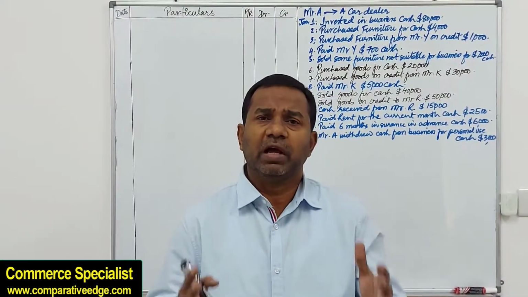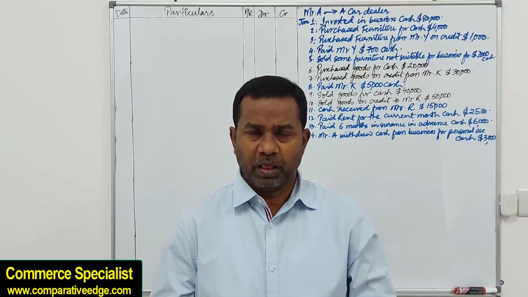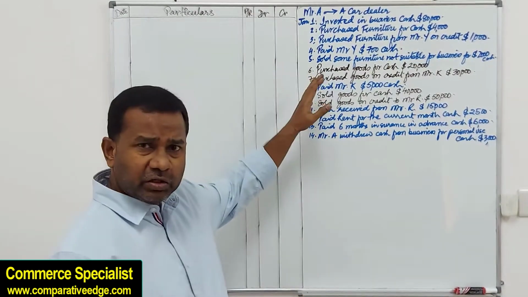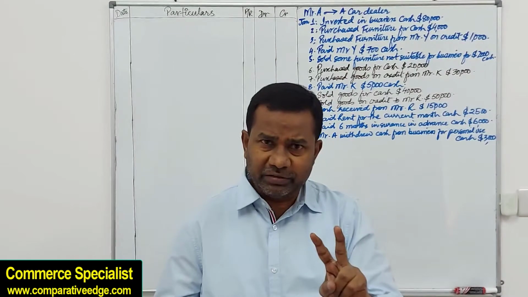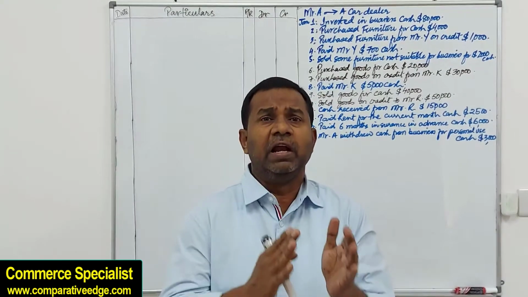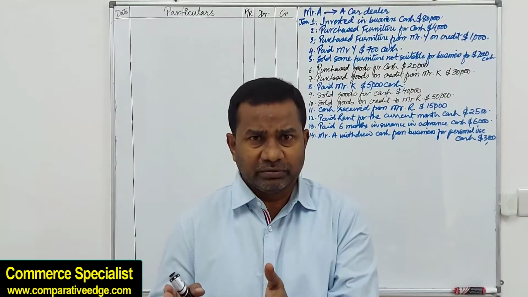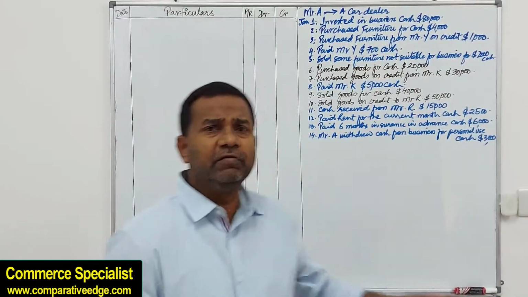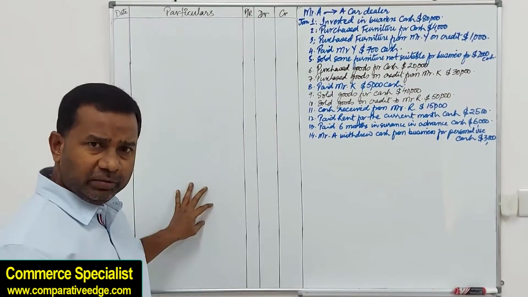And both debit and credit have to be equal. So our first task is to look at the transaction, find the two effects, debit and credit, relate them to the rules of debit and credit, and then things become very easy. Then we are in a position to record them here.